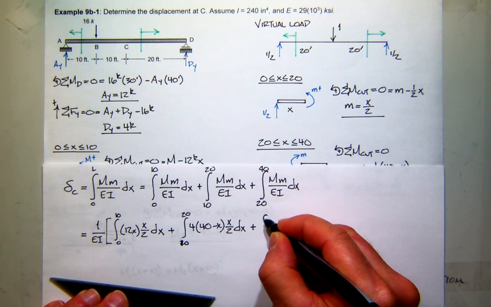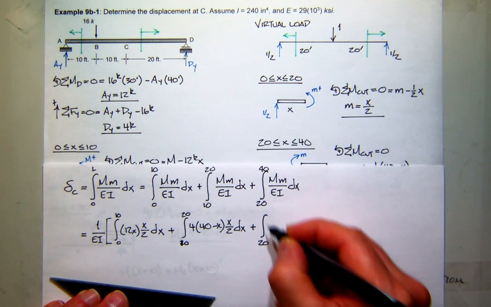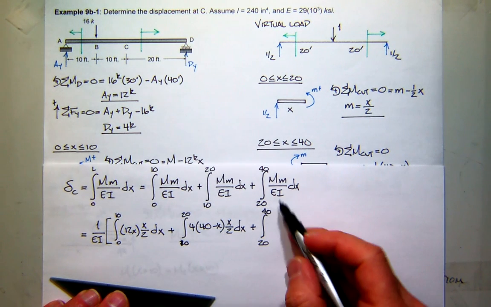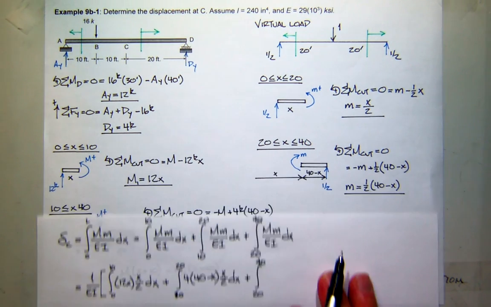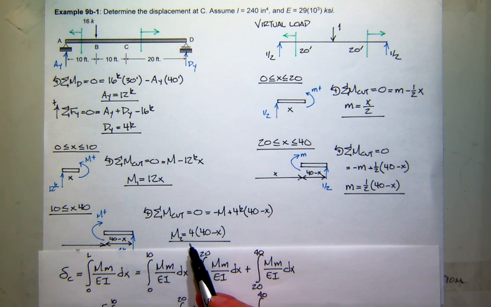And then my final integration from 20 to 40. What's my real moment from 20 to 40? It's still this. 4 times 40 minus x.